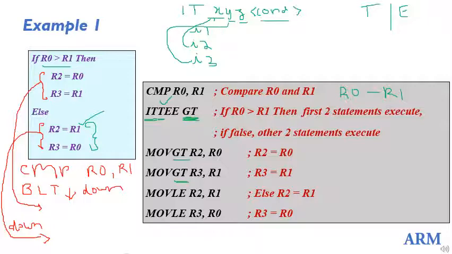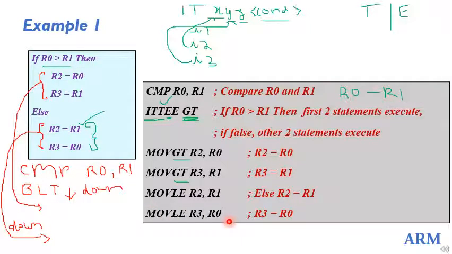We have seen that instruction 3 will be corresponding to Y, and this instruction 3 is executed in the else block. That is why Y will be replaced here by E. Similarly, the next instruction is also in the else block. It is move R3 comma R0.